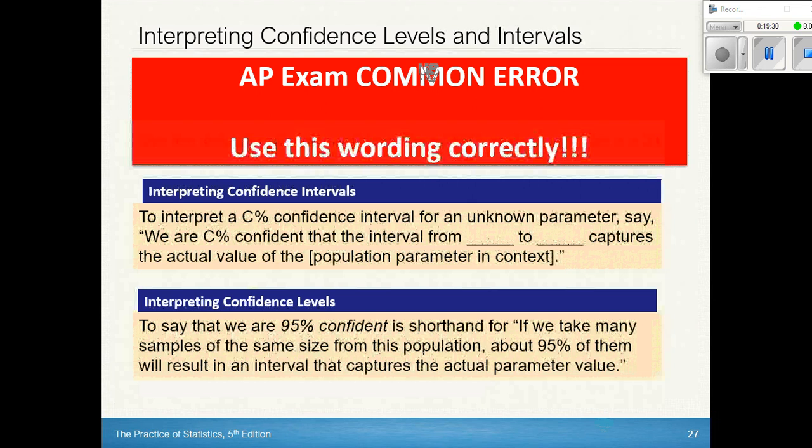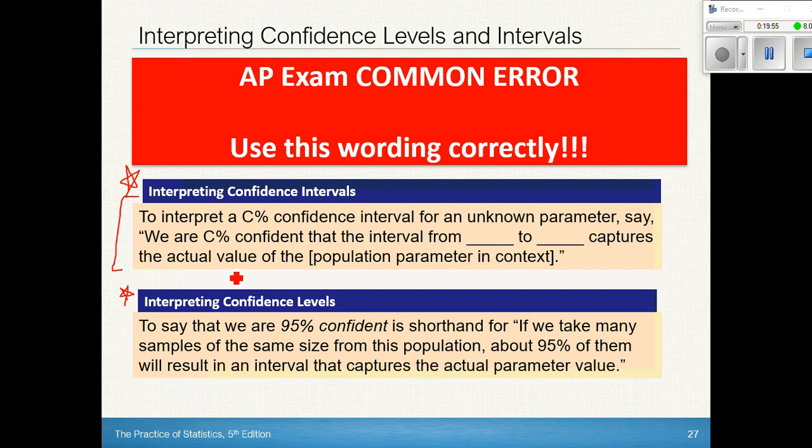Okay, so this is a big thing for the AP exam. Please make sure you are using this wording correctly. Every single time that you create a confidence interval, you must use this first wording. Sometimes it will ask you for the confidence level. So when you interpret a confidence interval, this is what you must say.